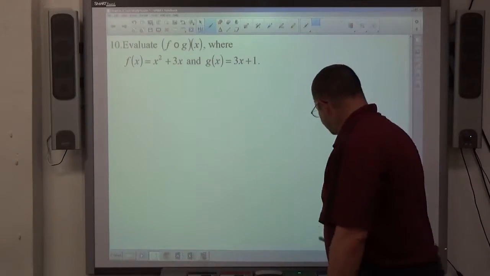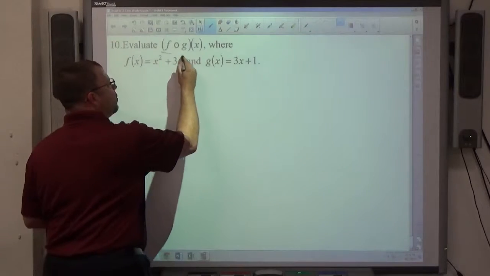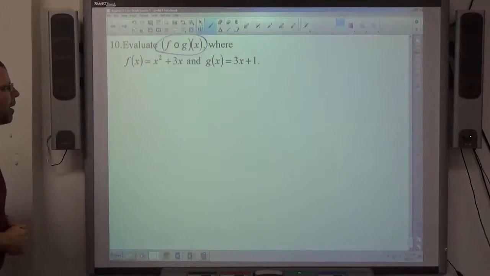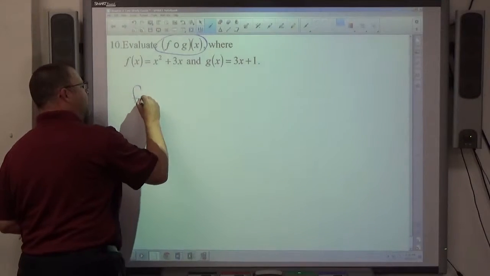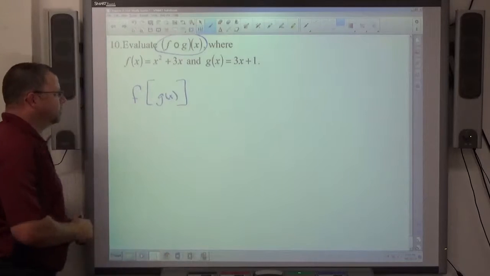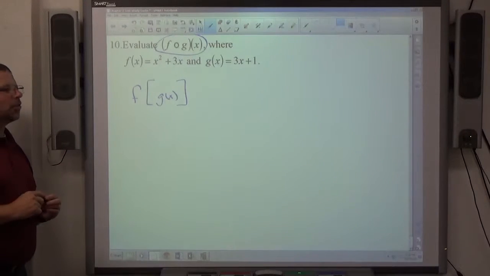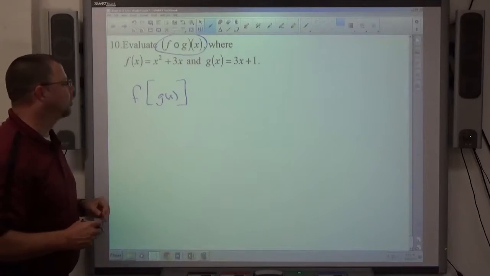Number 10. Okay, I'm using the book's notation here for composite functions, f of g of x. The notation I recommended in class, which is a little bit more obvious as far as what you're supposed to do with it, is the f of g of x with the function notation look to it.